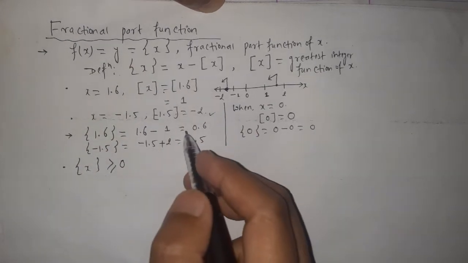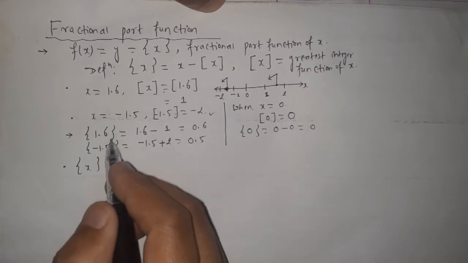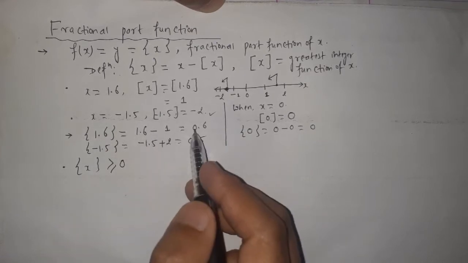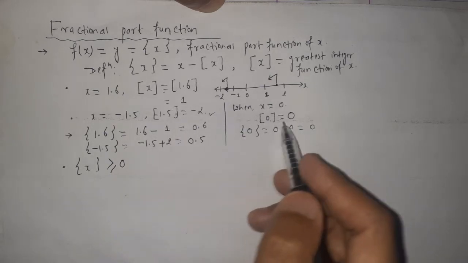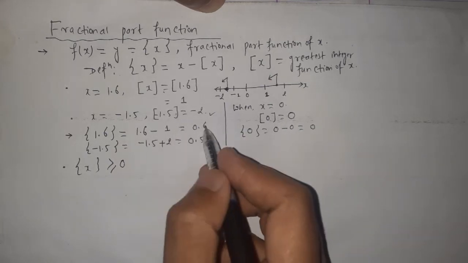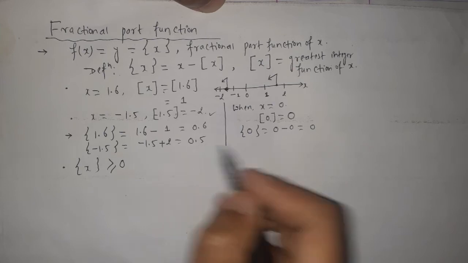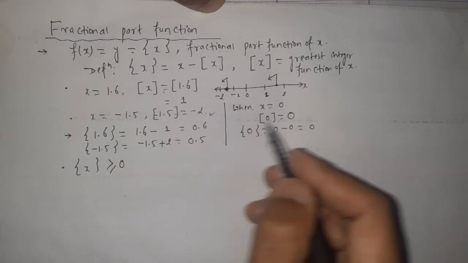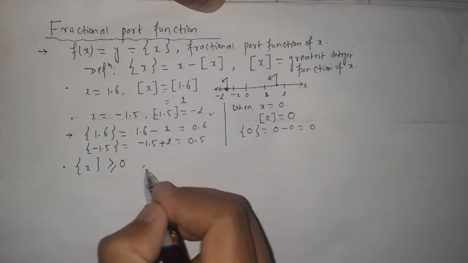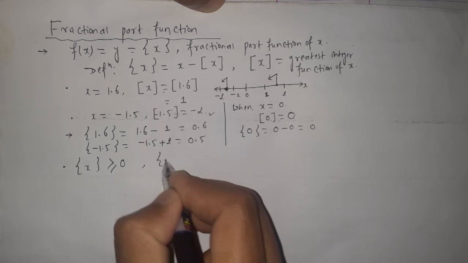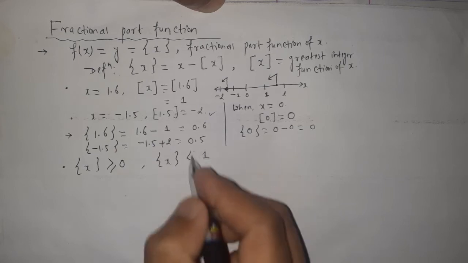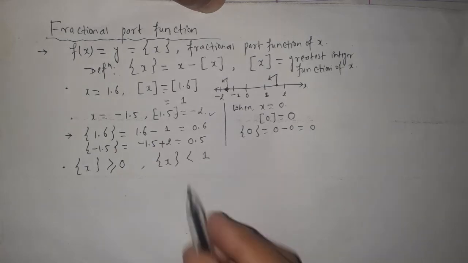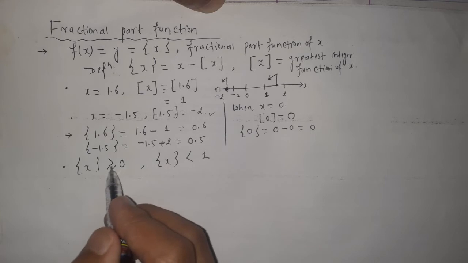The fractional part function is always less than 1: here 0.6, here 0.5, and here 0. The fractional part function of x is not equal to 1; it is always less than 1, and it begins from 0.